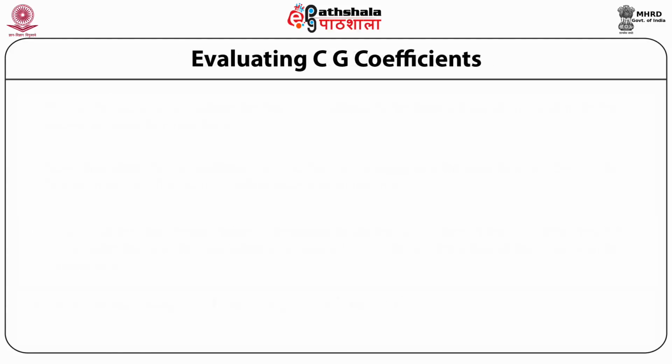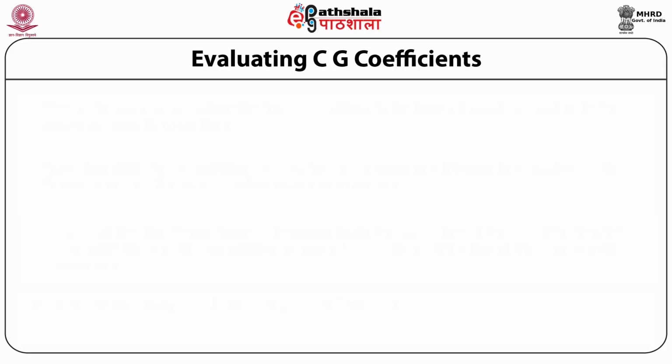Evaluating Clebsch-Gordan coefficients. So now in the above relations, the Clebsch-Gordan coefficients were given by <j1 j2 m1 m-m1|j m>, and in the other equations it was given by <j1 j2 m1-1 m-m1+1|j m>, and in the third line it was given by <j1 j2 m1+1 m-m1-1|j m>.